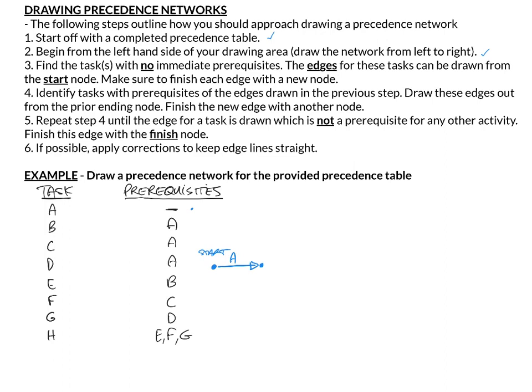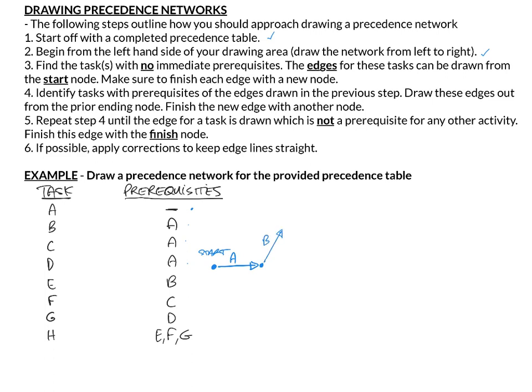Draw these edges out from the prior ending node. So in step 3, I drew A. A is the prerequisite of B, C, and D. So I need to draw these edges out from the prior ending node. A has to happen for B to occur, so B comes out of the prior ending node.